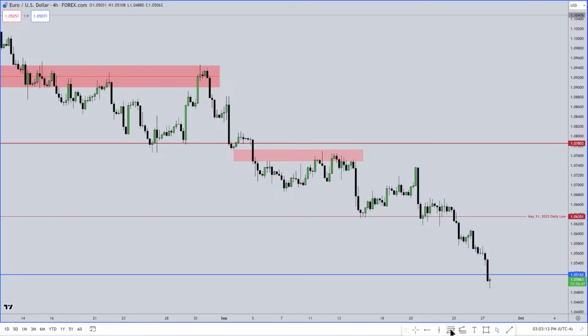And I'll measure that for you so you can get a feel for it. 1.0609 and 1 pipette actually is the high. If you look right up here, upper left hand corner, looking at the high of this candle, comes in exactly at that same price. So that's perfect delivery. That's not harmonic, that's perfection.